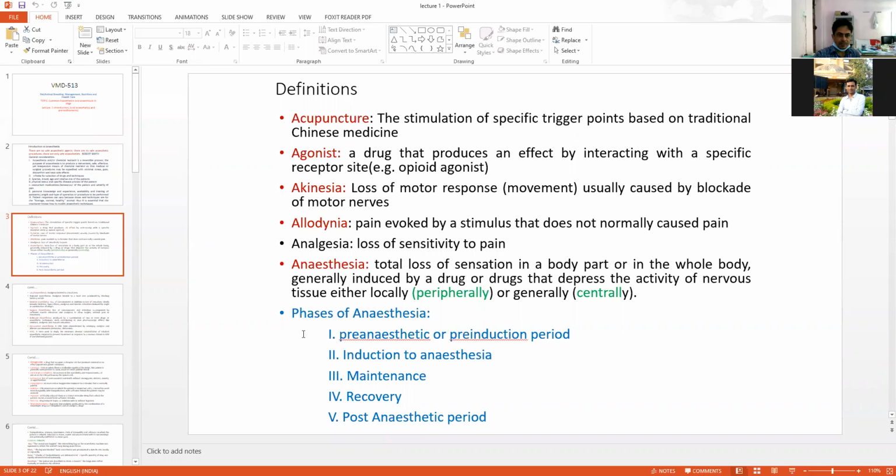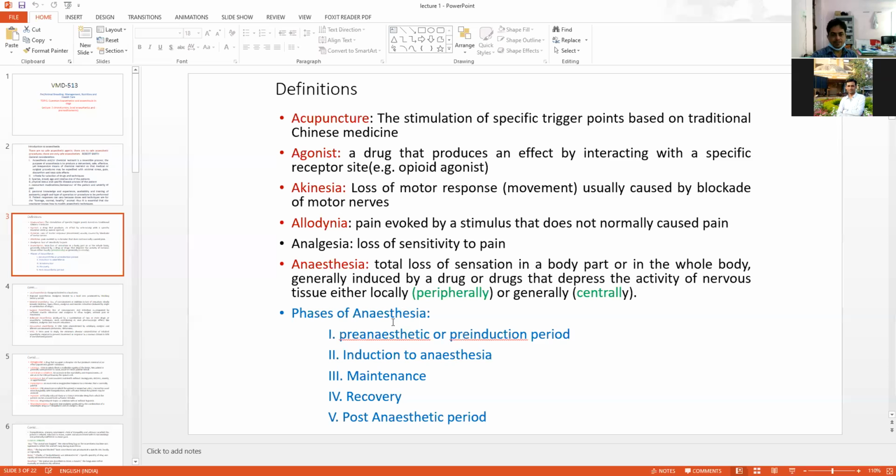Then these are the different phases of anesthesia, which you have to remember. This is the most important thing. Phases of anesthesia are important. Please note them down, because many times people ask what the different phases of anesthesia are. So: the pre-anesthetic or pre-induction period, then induction of anesthesia, and after that maintenance.